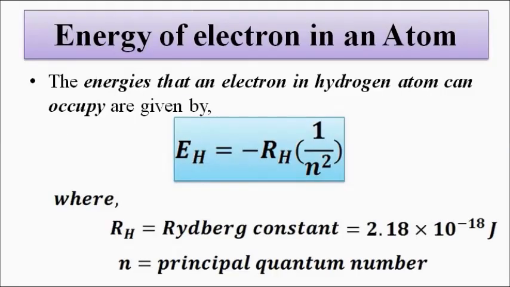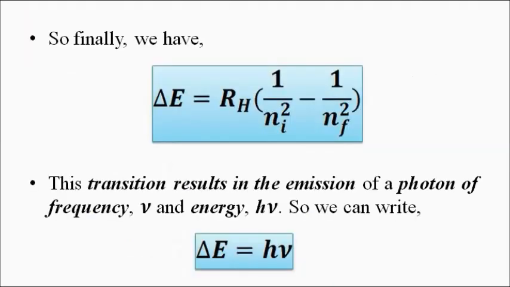So the final expression is delta E equals R_H times (1 by n_i squared minus 1 by n_f squared).